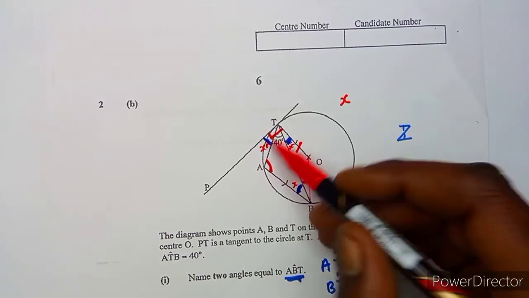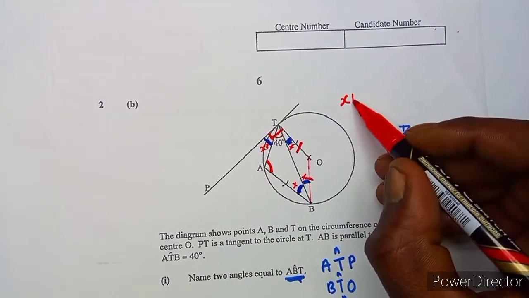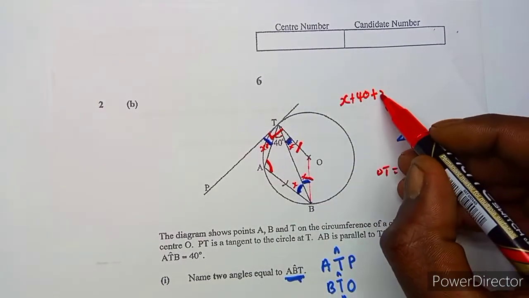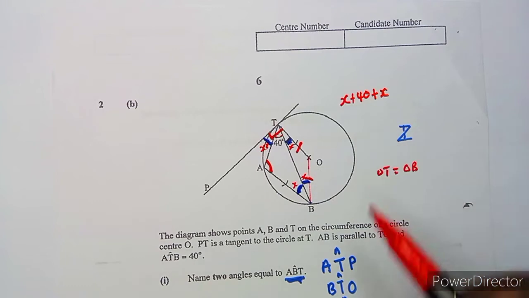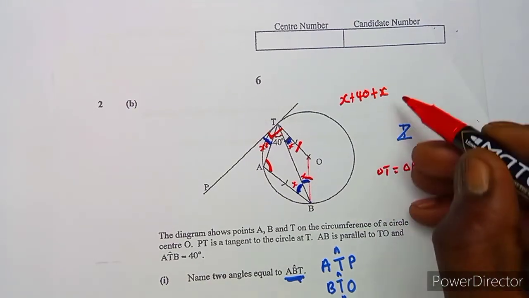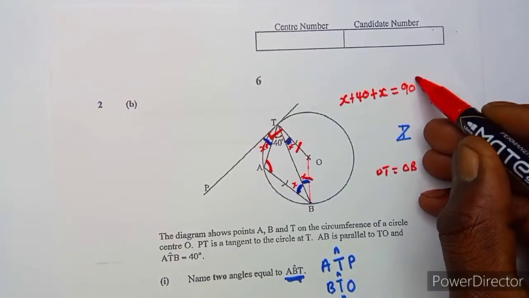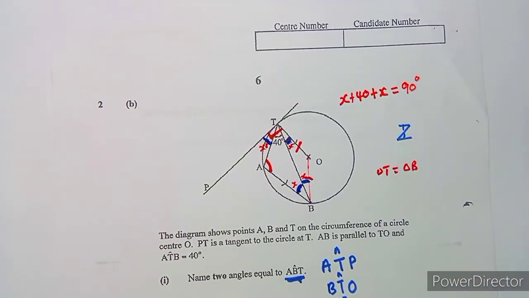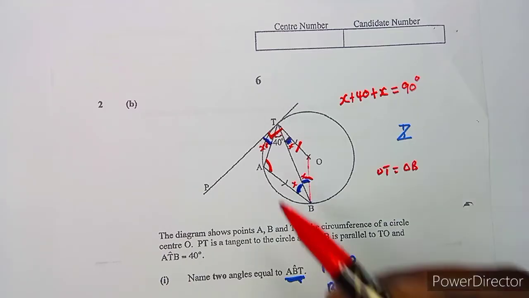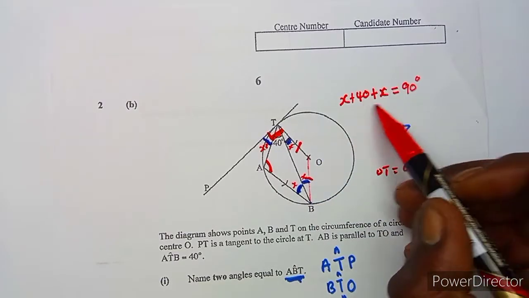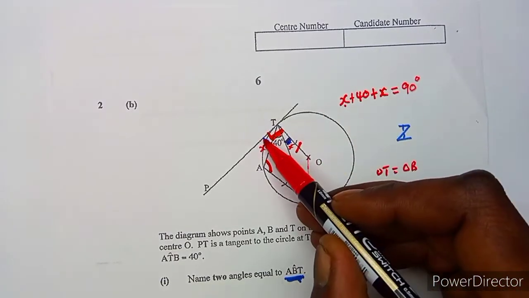So this x here plus this 40 degrees plus this also x, because they are equal. So I'm just putting them as x. They must give us an angle of what? Of 90 degrees here, because it's a theorem that a tangent and the radius meet at 90, and all these three are creating this 90 degrees. So it means I can calculate x, which is this angle.